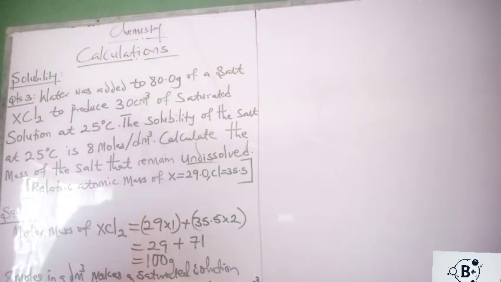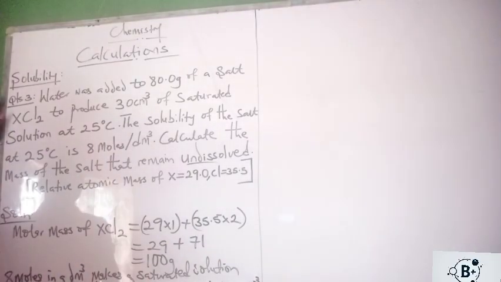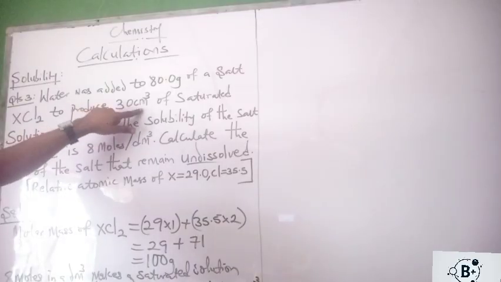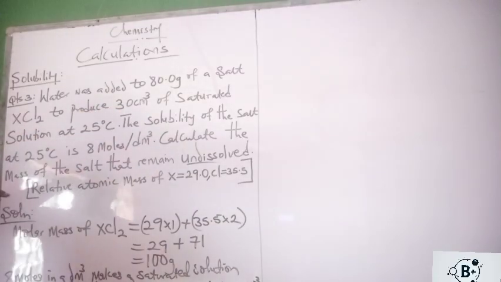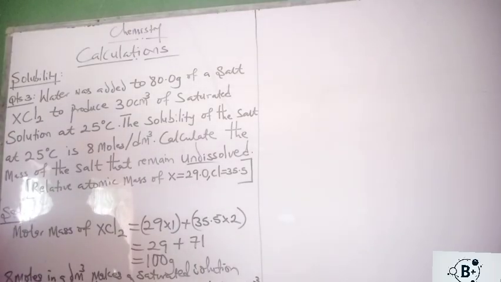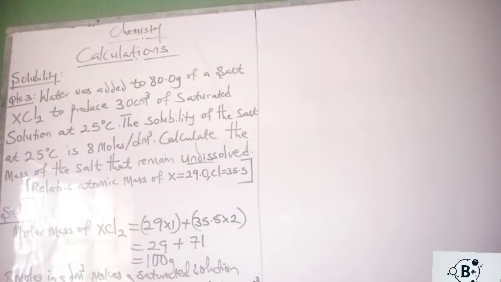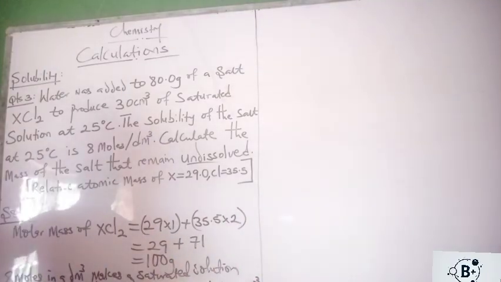So therefore, if 800 grams of SCl2 dissolve in 1000 cm³, then from the question we say 30 cm³. So what will 30 cm³ dissolve? Let's write it this way so it will not be confusing. We say 1000 cm³ requires 800.